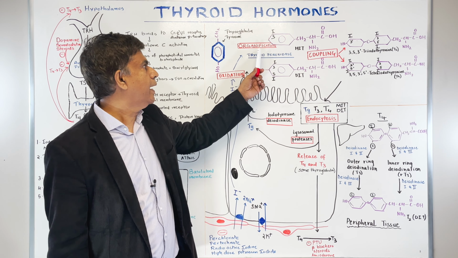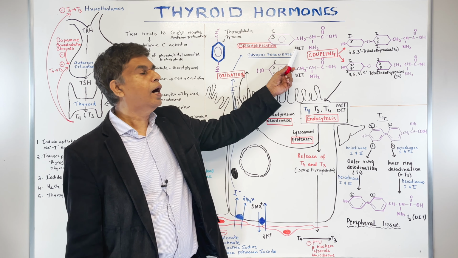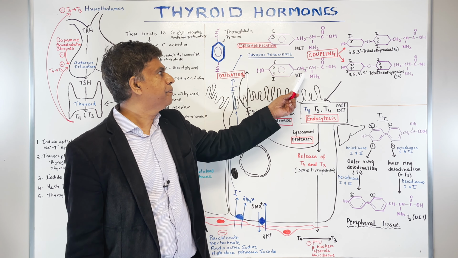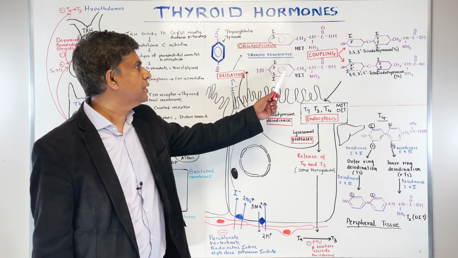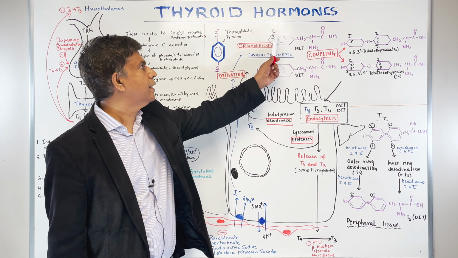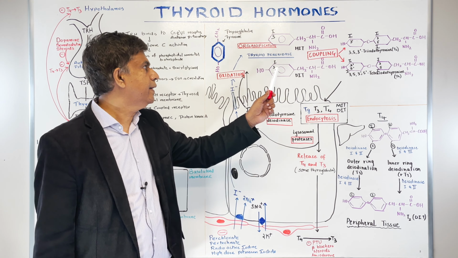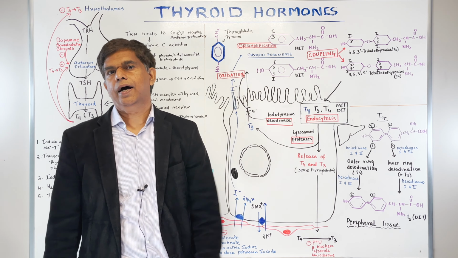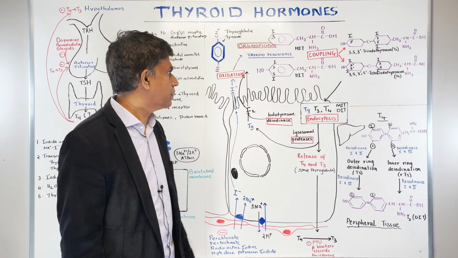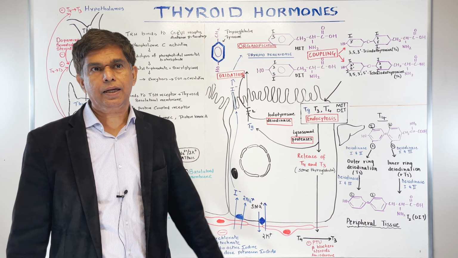With the help of thyroid peroxidase, you form monoiodotyrosine and diiodotyrosine. What is monoiodotyrosine? It's only combined at the 3-carbon, only one site. Here it combined at the 3rd carbon and the 5th carbon, so it's called diiodotyrosine.